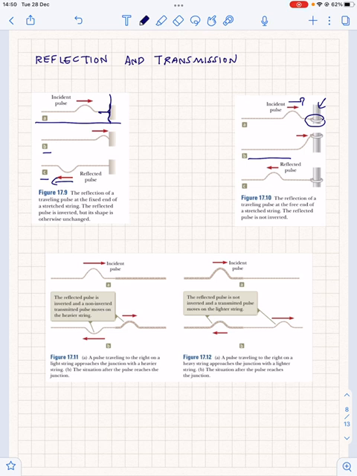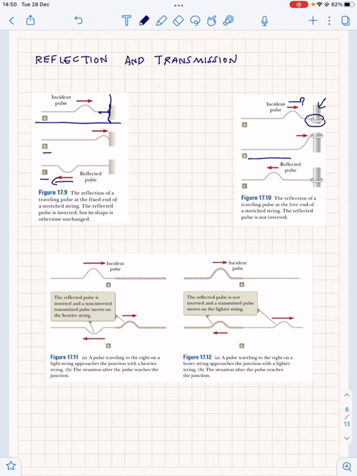The ring rises as high as the incoming pulse, and then the downward component of the tension force pulls the ring back down. This movement of the ring produces a reflected pulse that is upward oriented and has the same amplitude as the incoming pulse.